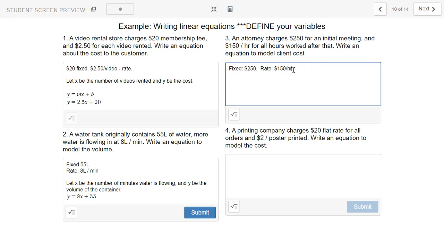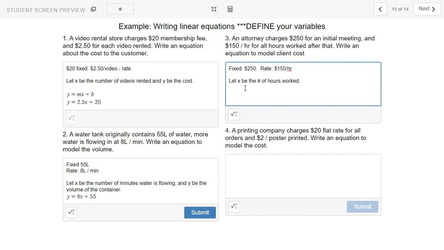Okay, let's look at the denominator, or the word after per. $150 per hour. So our x, let x be the number of hours worked.